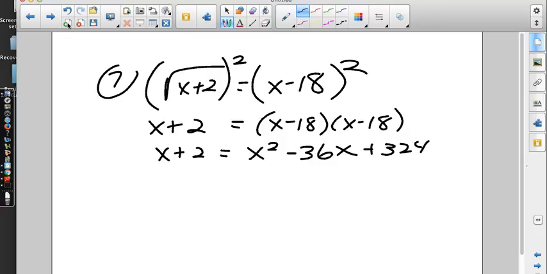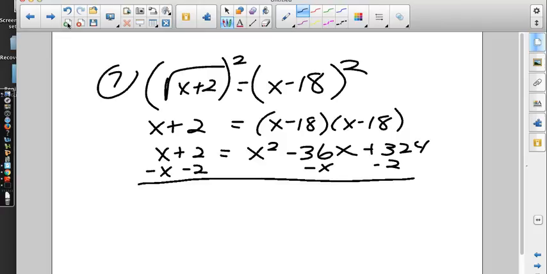Ideas? It has a squared, it has an x, it has a number. Yeah, we gotta move them over. This is a quadratic. Quadratics get solved by finding a 0. So let's move them over. Have a 0.